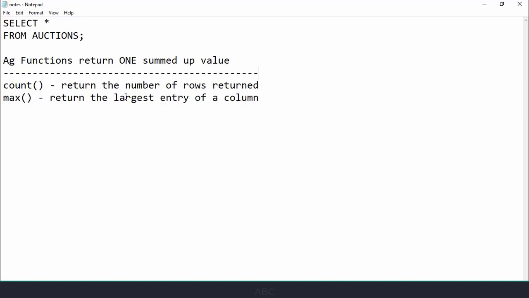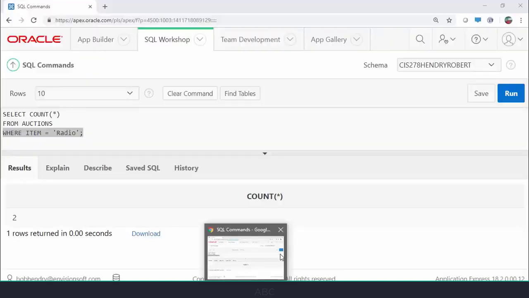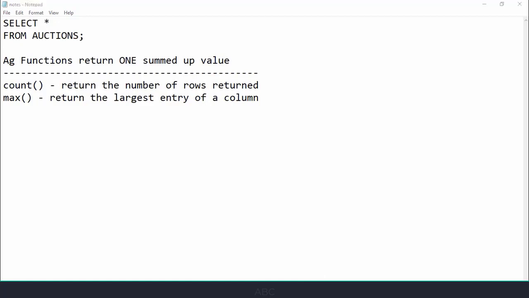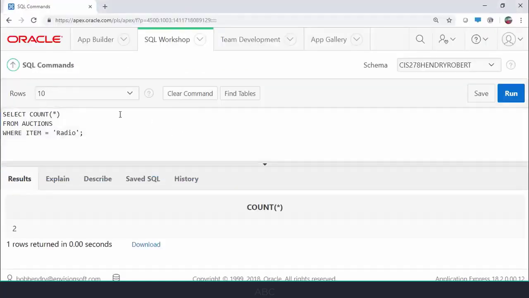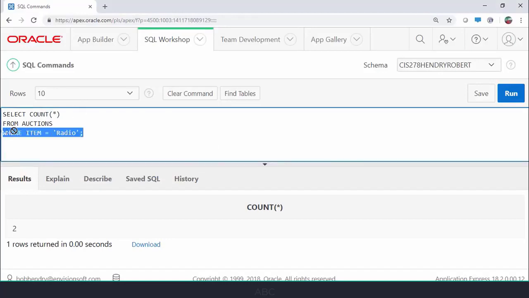So, for example, let's go over max. I'm going to save notes as I go. And let's go over the SQL statement again. Let's say we're doing the following. We'll do select star from auctions.